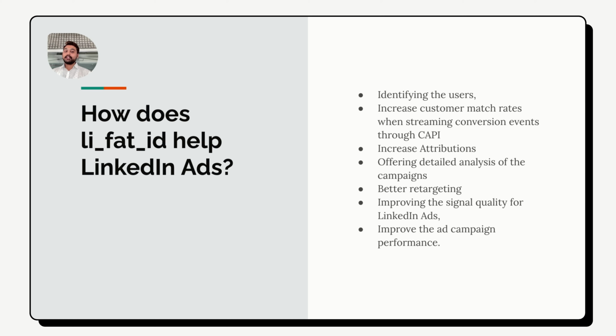Once it is identifying, that means you have increased customer match rates when streaming these conversion events through CAPI appended with LI-FAT ID. This LI-FAT ID is able to identify the user and also map them to the ad accurately. Therefore, you will see an increase in attributions.